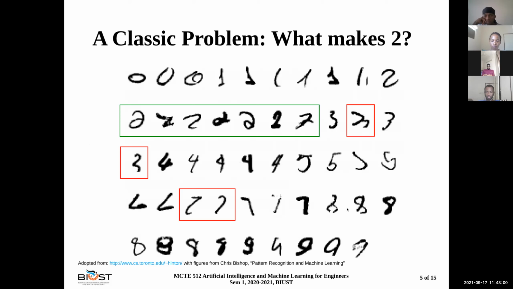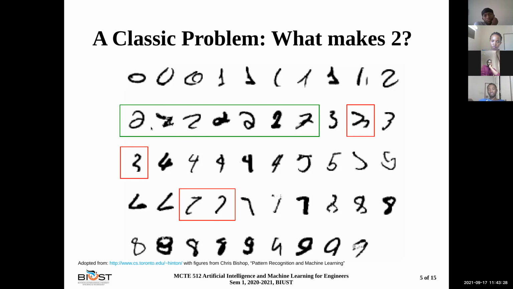Now this is a classic problem of what makes number 2. Here we can say these are handwritten numbers, and somehow the pixels are arranged. Similar to facial recognition, these are the basic information, how the pixels are arranged. So now the pixel arrays like this, somehow maybe this is number 2.